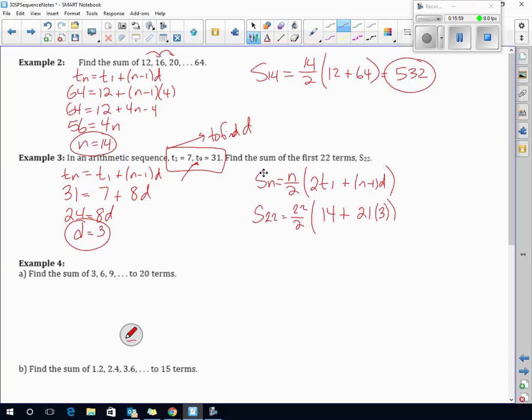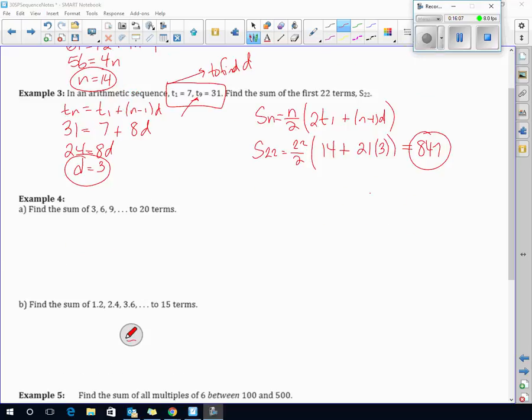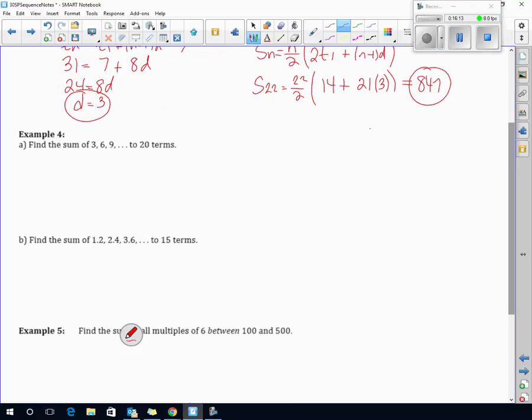Find the sum of the first 20 terms. It's going up by 3, so I know d is 3. I know the first term is 3. I don't know the last term, but I know n is 20. Which formula should I use to be more efficient? The second one.